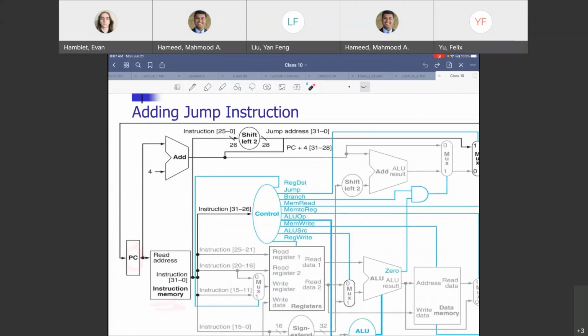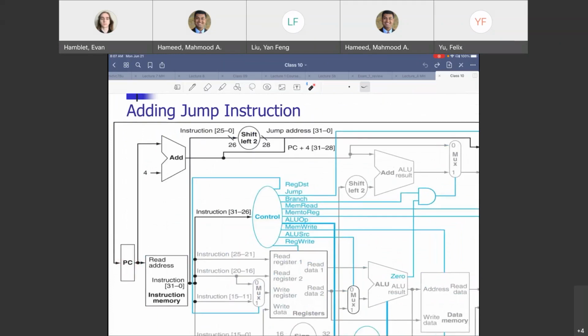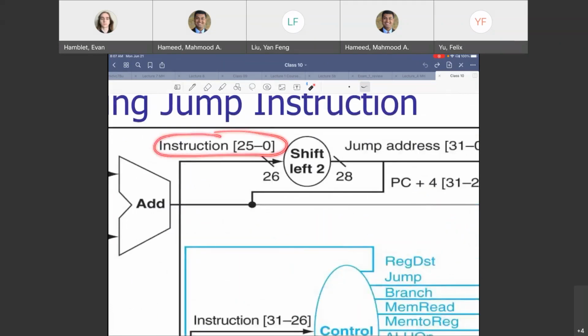Once you access the instruction memory, you have got a 32-bit instruction. Out of those 32, the first 6 are opcode, but all the others are your jump address, right? So that's your 26-bit jump address, part of the instruction.